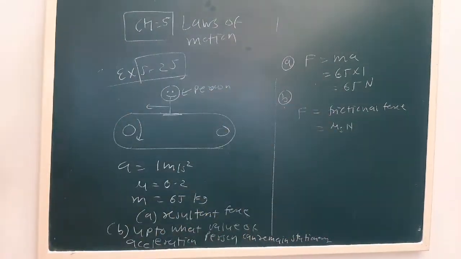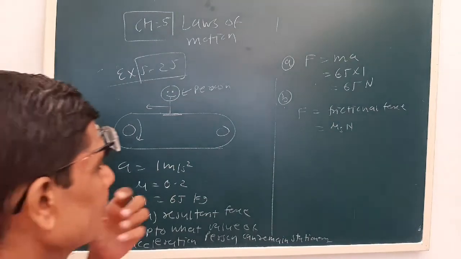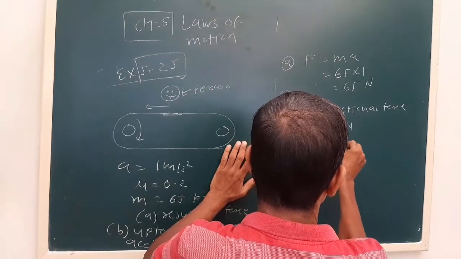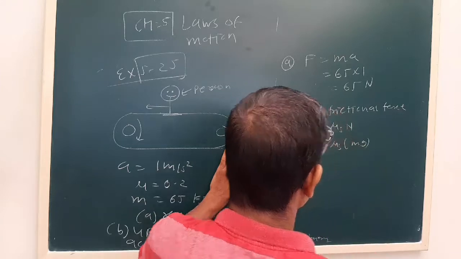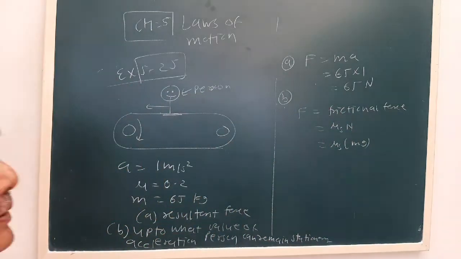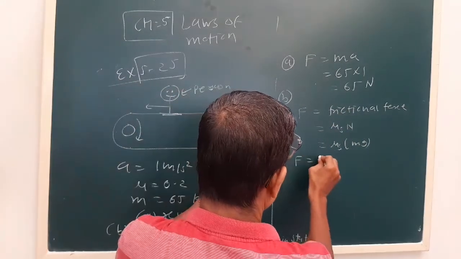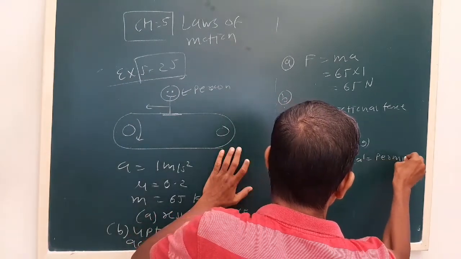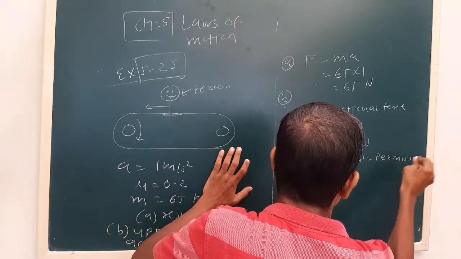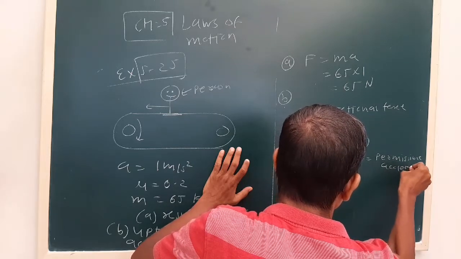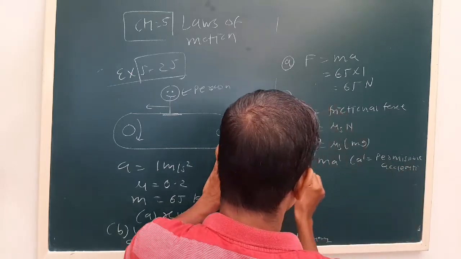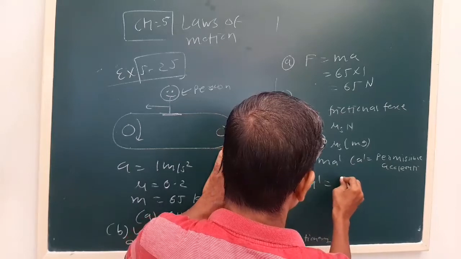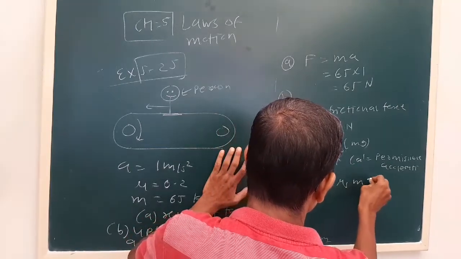But we know n is equal to mg. Now let us say the maximum permissible acceleration is a dash. So in that case, m into a dash is equal to mu s into m into g.